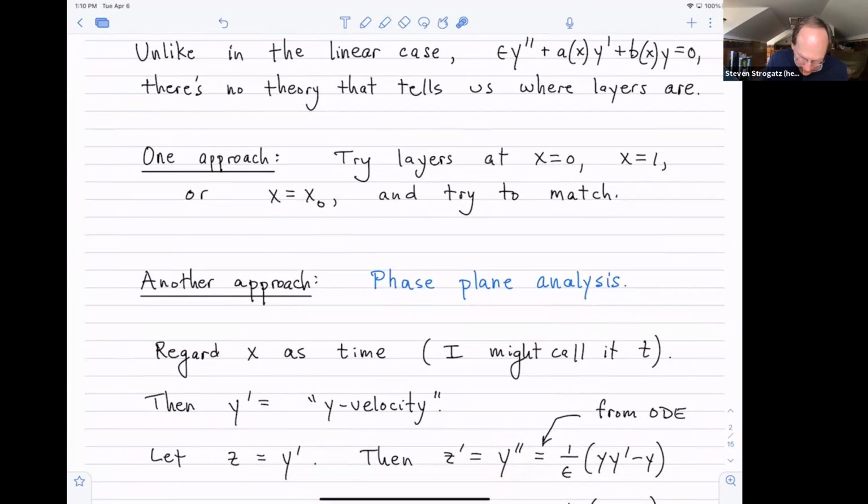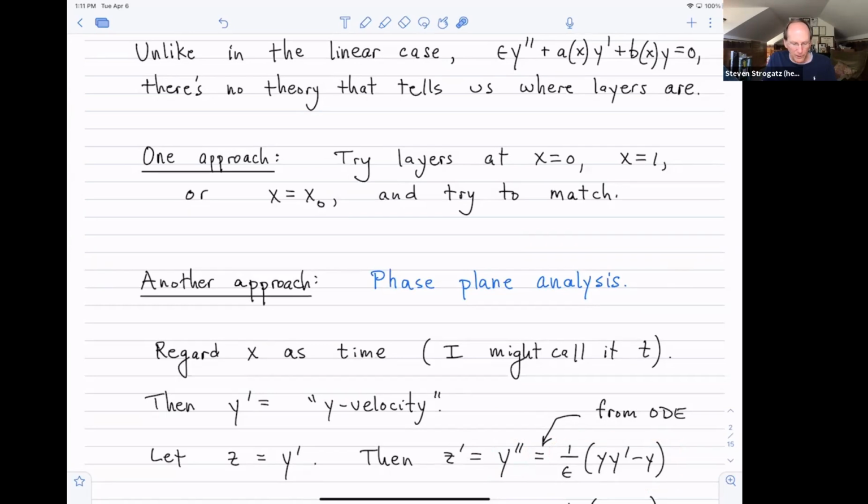So it very naturally lends itself to writing a differential equation for z prime, which would be y double prime, which is, according to our differential equation, if you solve for y double prime, that comes out to be 1 over epsilon times (y y prime minus y), right? That was the ODE.